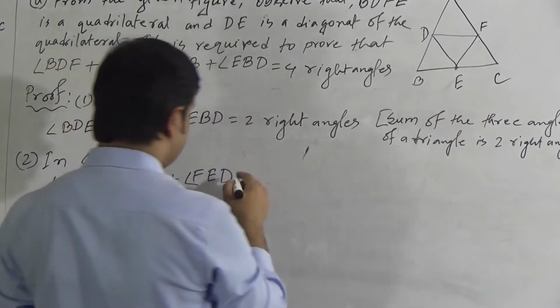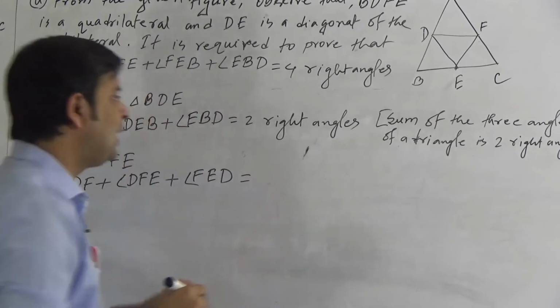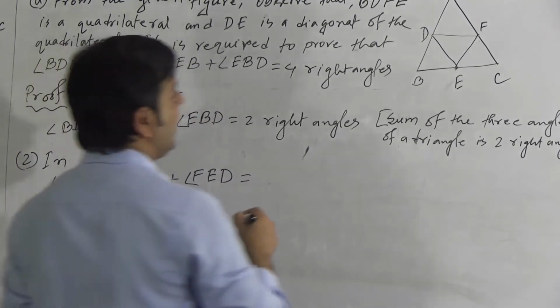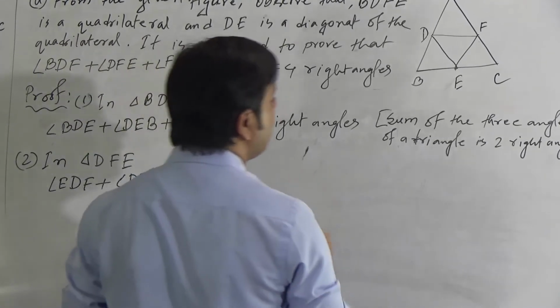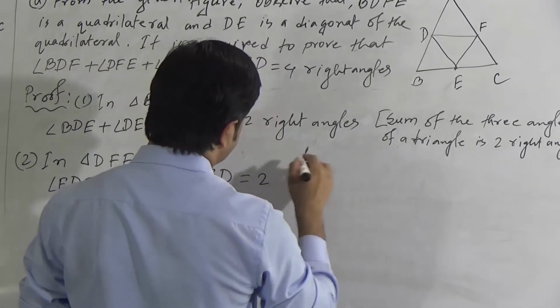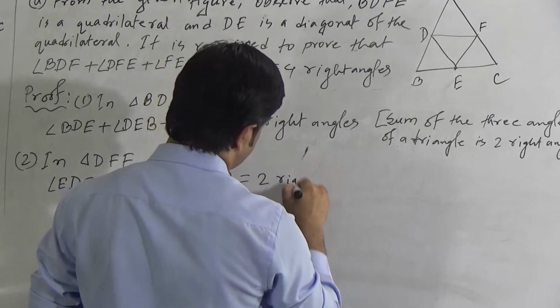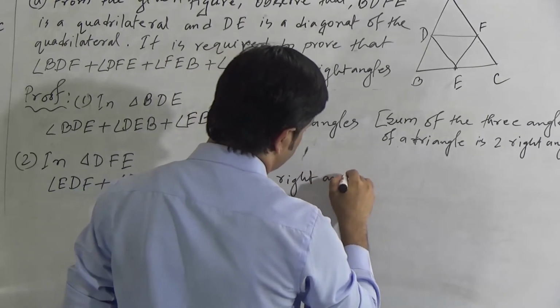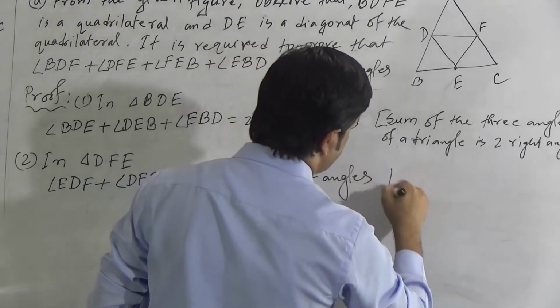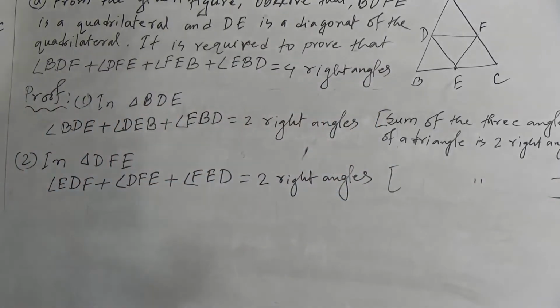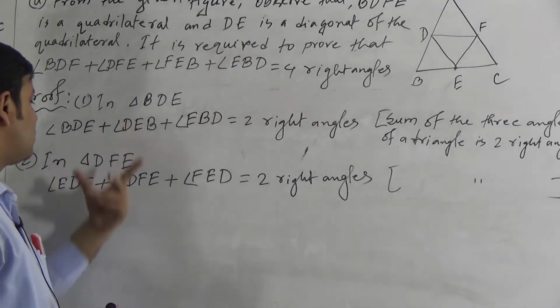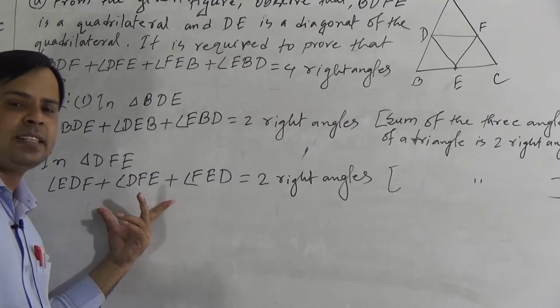If we consider these three angles, their sum will be two right angles, again as the sum of the three angles of a triangle is two right angles. So we can write here two right angles, and the reason is the same. This is our justification.